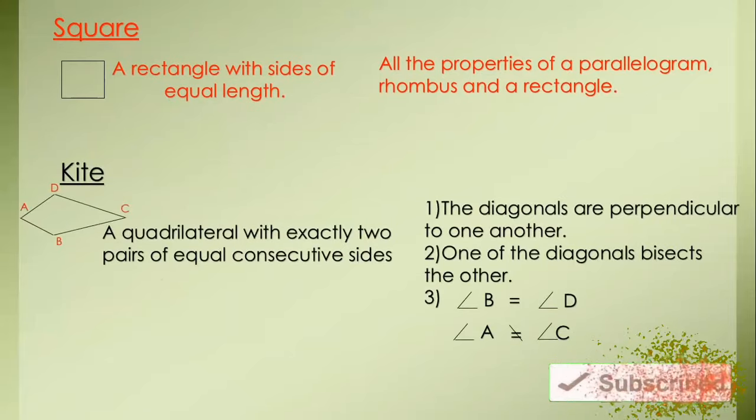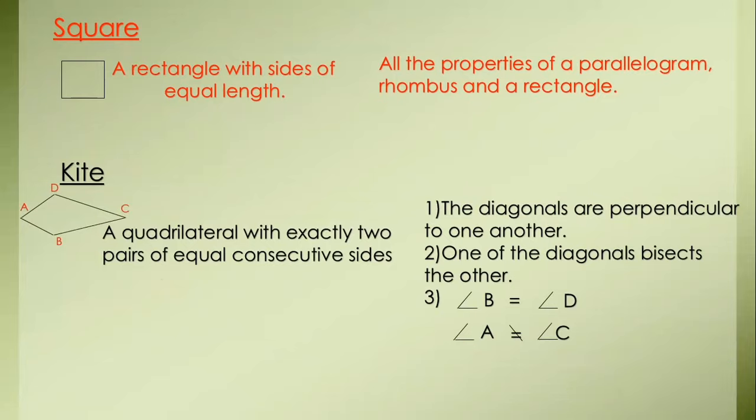Then kite. A quadrilateral with exactly 2 pairs of equal consecutive sides. We discussed in earlier classes. Kite is a quadrilateral with exactly 2 pairs of equal consecutive sides. That is, AD is equal to AB and BC is equal to DC. Then properties. The diagonals AC and BD are perpendicular to one another.